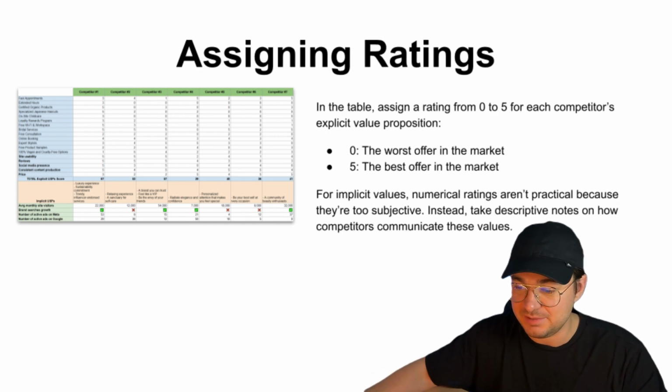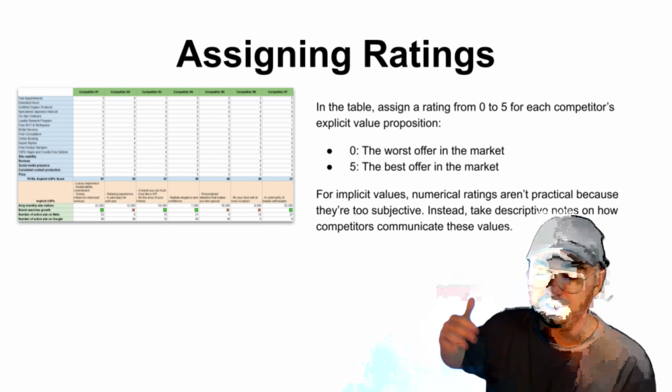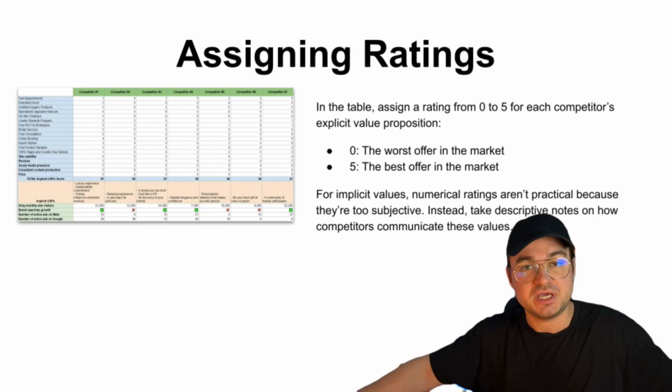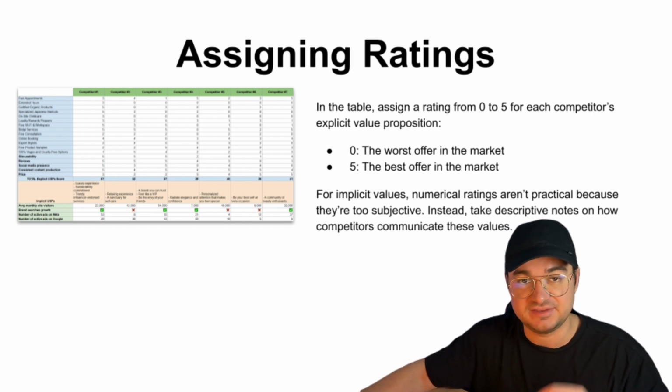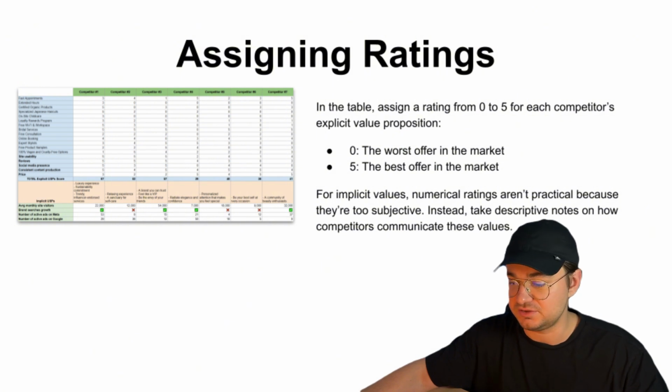Then in the table, once you're done adding competitors and USPs, assign a rating from 0 to 5 to each competitor's explicit value proposition, 0 being the worst offer in the market and 5 being the best offer in the market. I found that 0 to 5 scale is easy to use and easy to read, but you can use whatever scale you prefer.